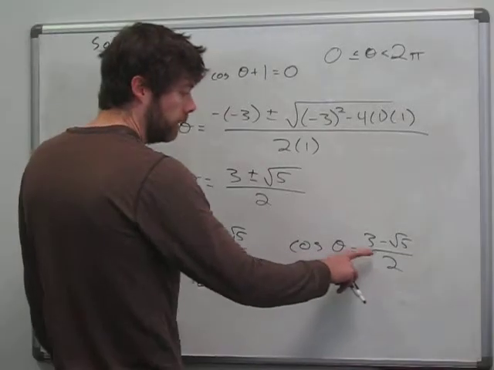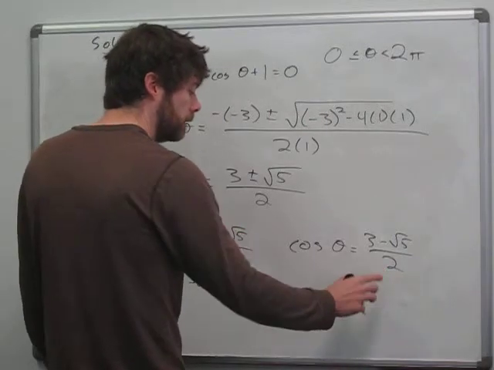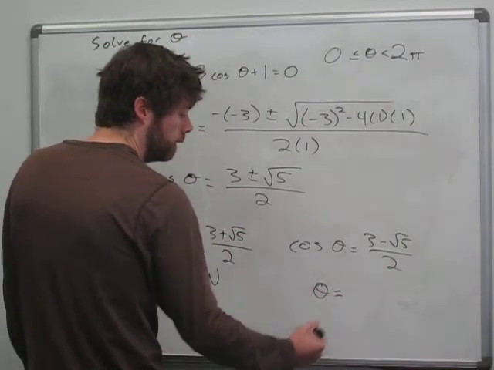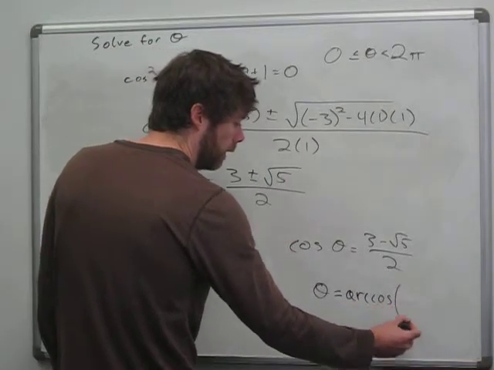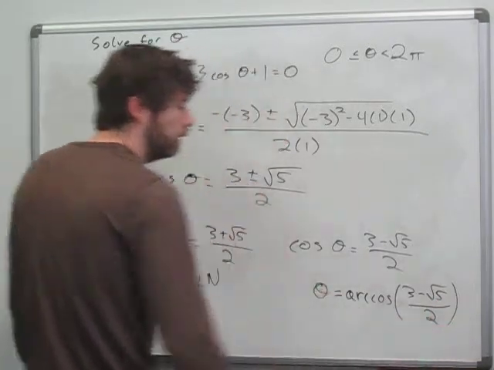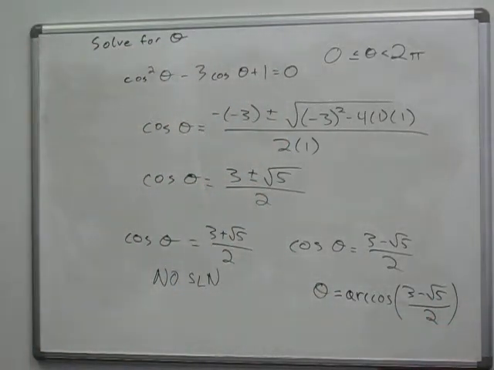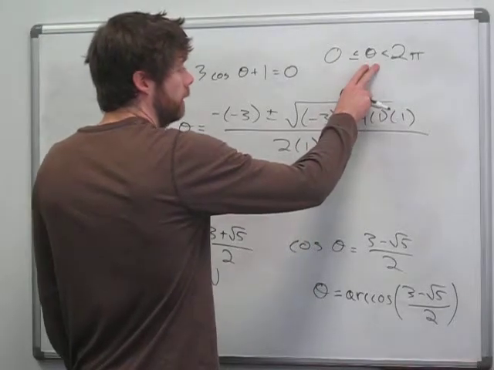For this equation, 3 minus radical 5 over 2 is a positive number less than 1. So I can represent theta exactly as the arc cosine of 3 minus radical 5 over 2. Okay. So let's consider the thetas that we're willing to consider.